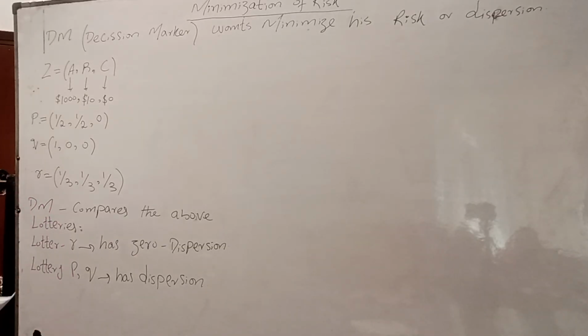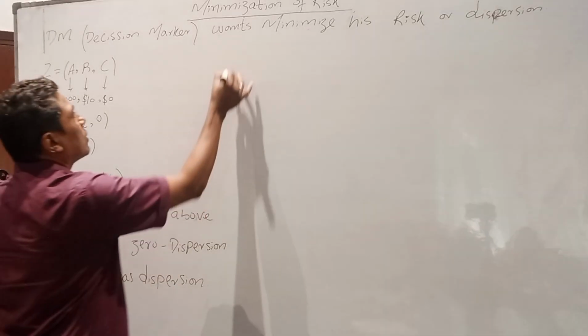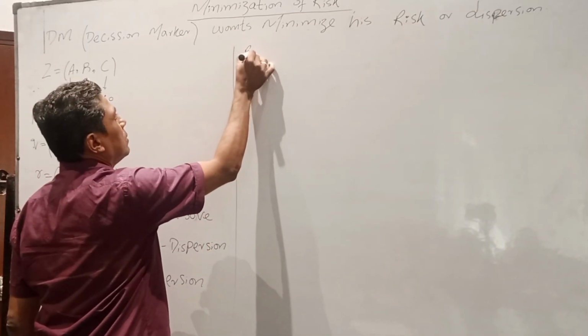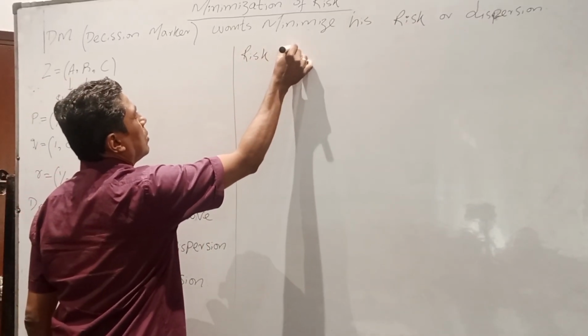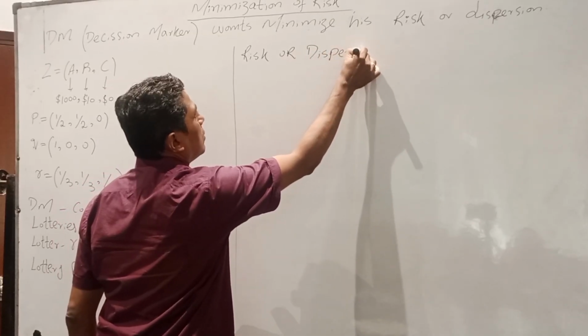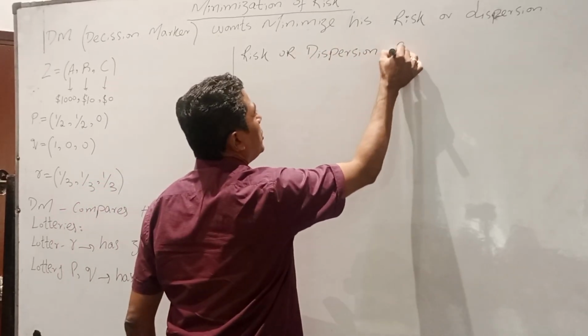Clear? So now calculate the risk or dispersion for each lottery.